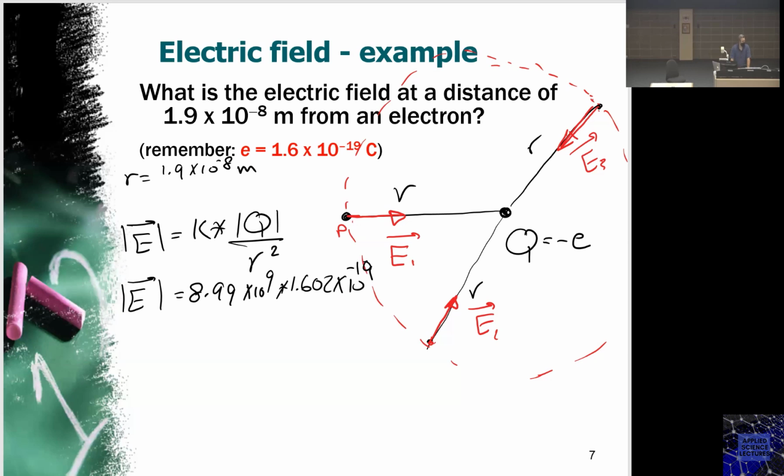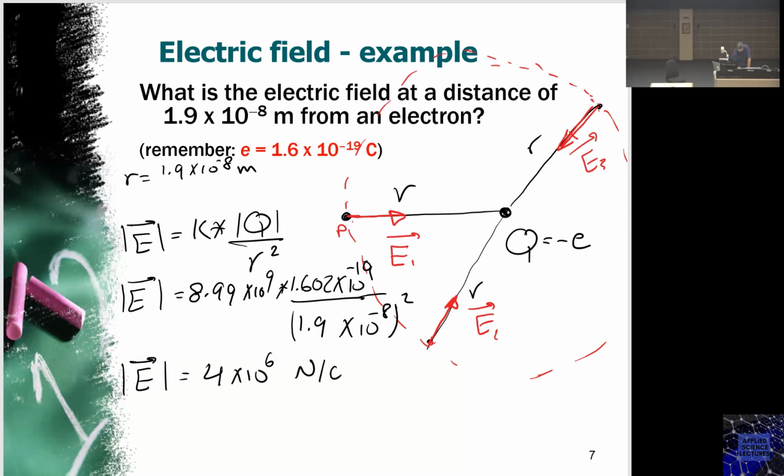I'm taking it as a positive because this is the magnitude of Q, divided by 1.9 times 10 to the power minus 8 squared. And in this case, the magnitude of the electric field is 4 times 10 to the power 6 newtons per coulomb.